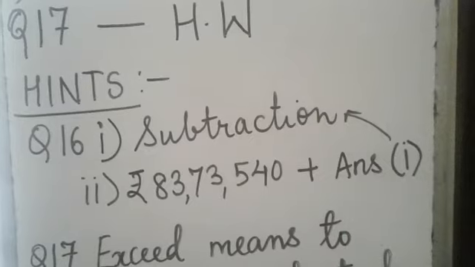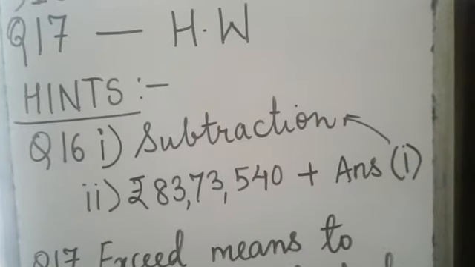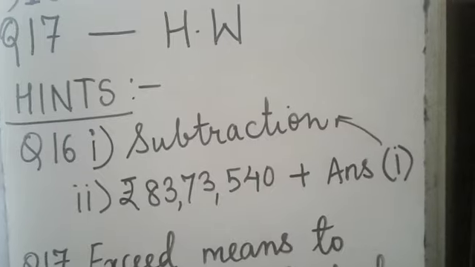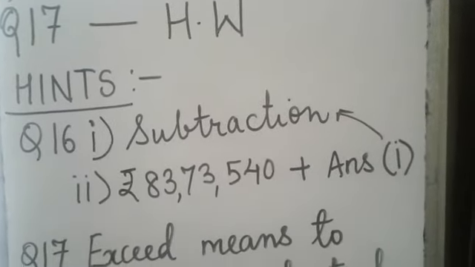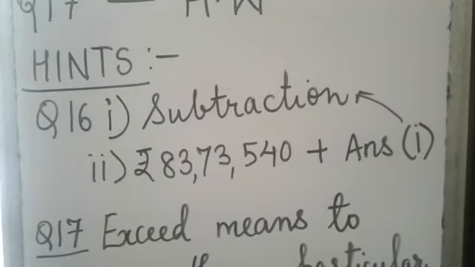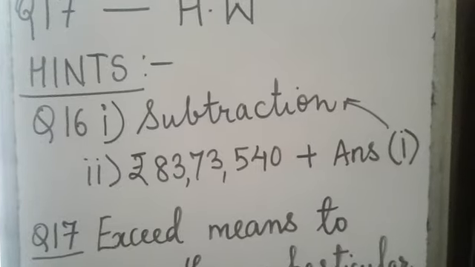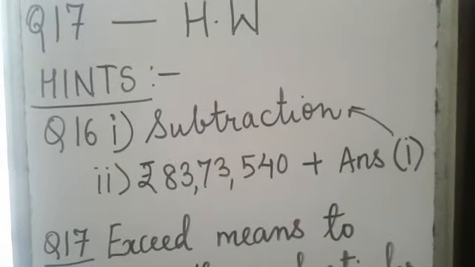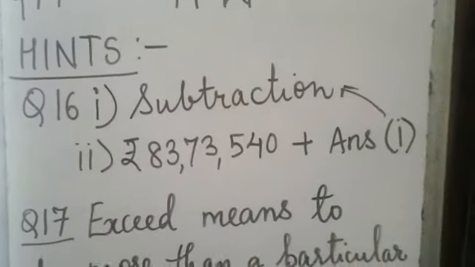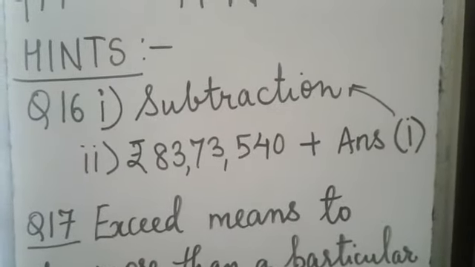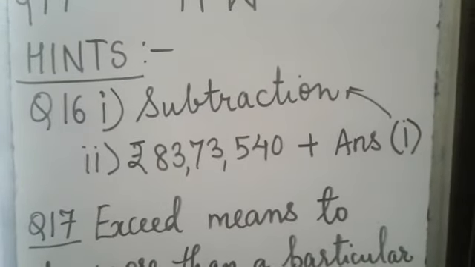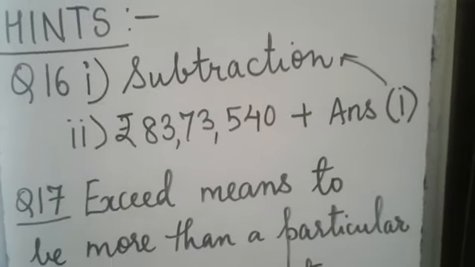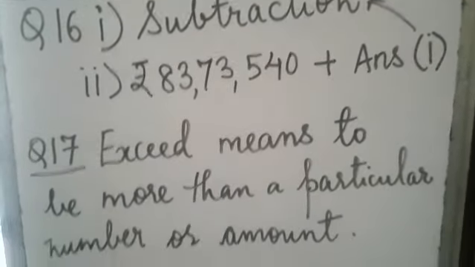First answer will be rupees 83,73,540 minus rupees 7,84,670. And the second sub question is: what was the total sale receipt of the company during these 2 years? For the first year it is given 83,73,540, plus whatever answer you get for the first answer. So this is question number 16.